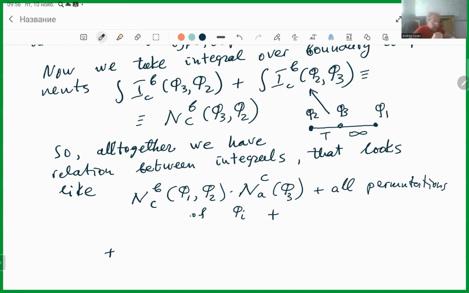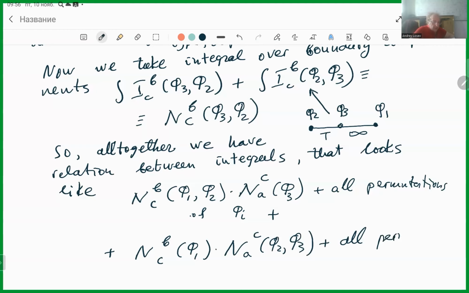Plus, there was a component of the boundary that I made, plus all permutations.